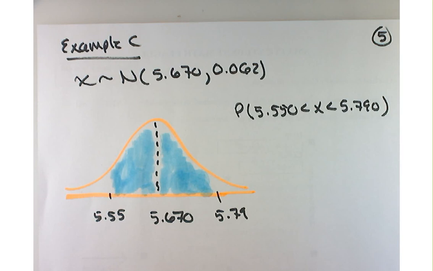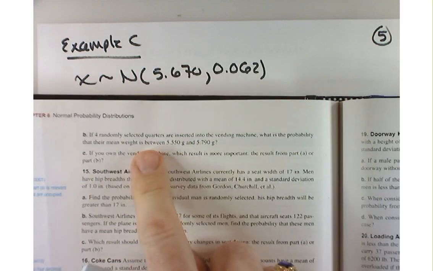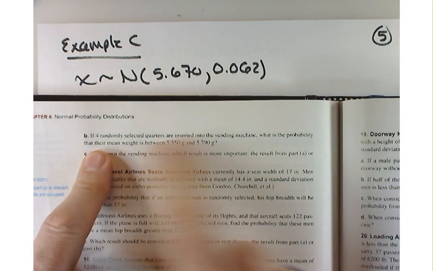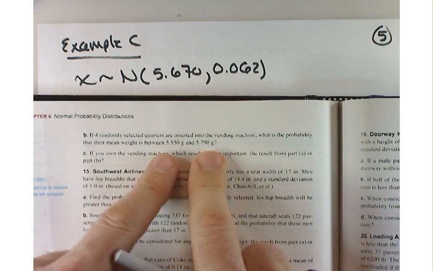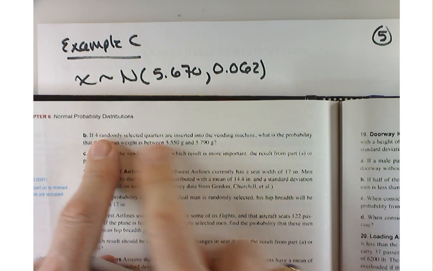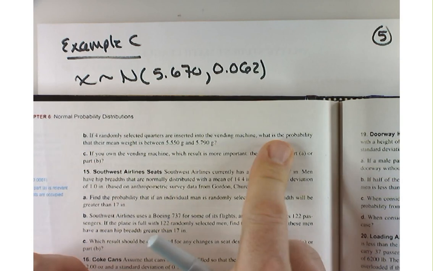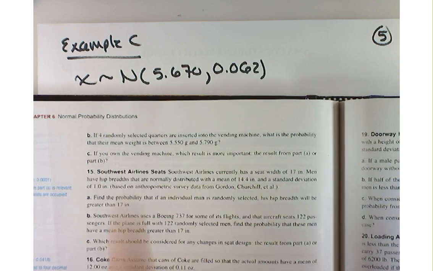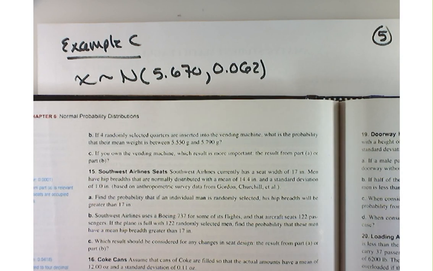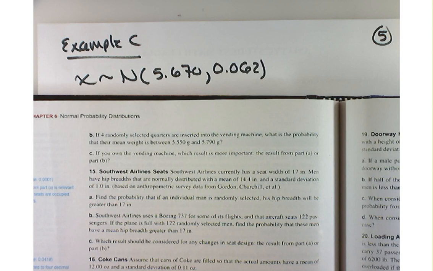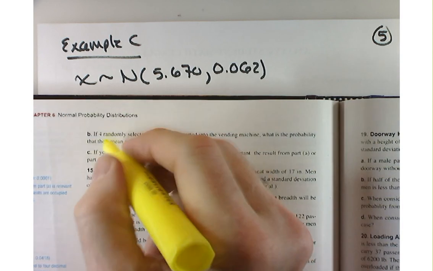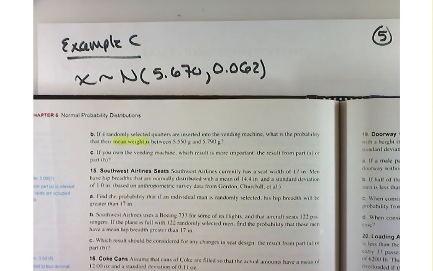The second part of it is to find the probability that you get the average of 4 coins accepted into the machine with those same criteria. So if 4 randomly selected quarters are inserted in the vending machine, what's the probability that their mean weight is between 5.55 and 5.790 grams? Okay.